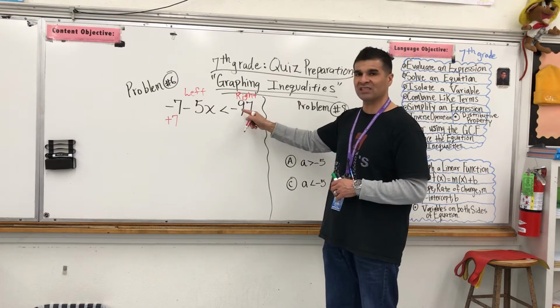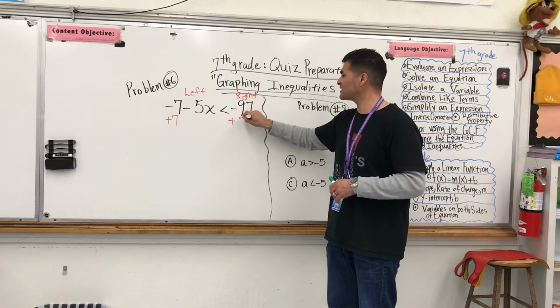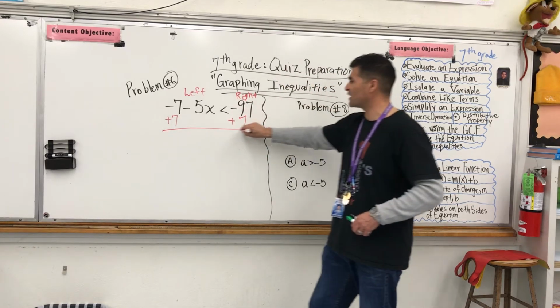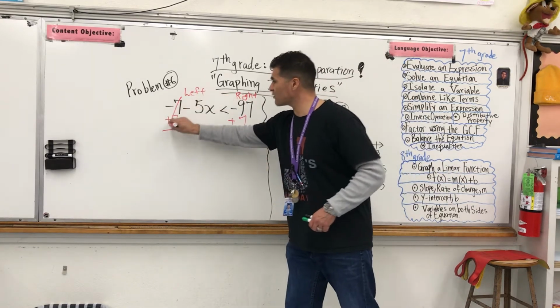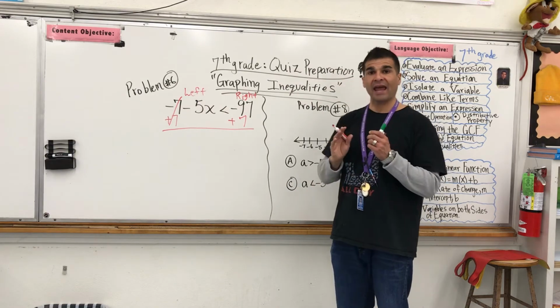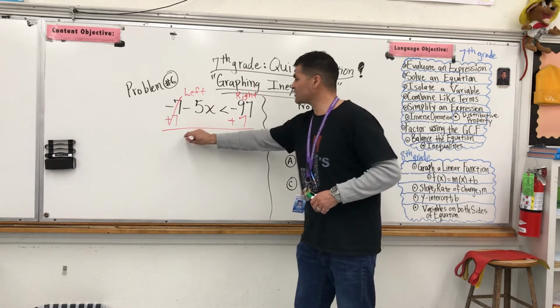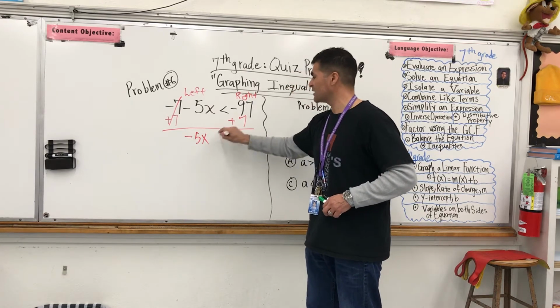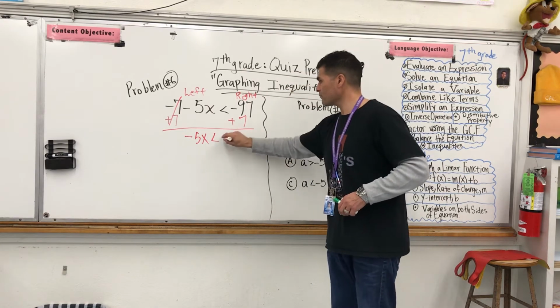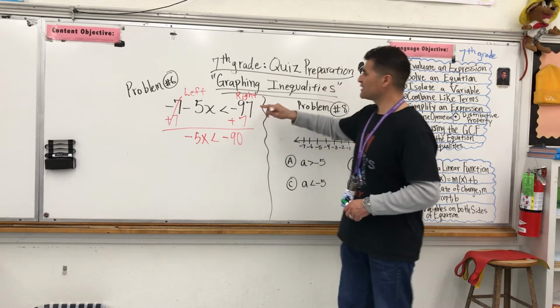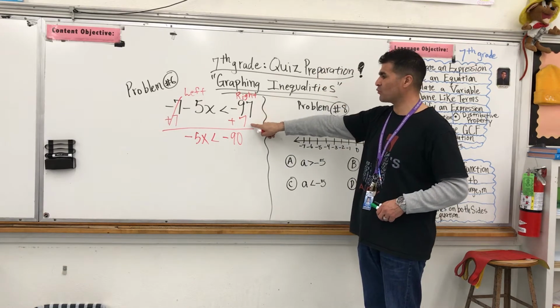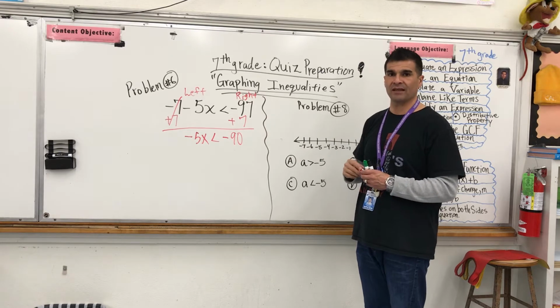But I have to balance the inequality, and I have to add 7 to the opposite side of the inequality too. This starts to isolate the variable, and what a lot of students like to say is get x by itself. I'm still left with -5x is less than -90. See, when you add -97 to a +7, you get -90.